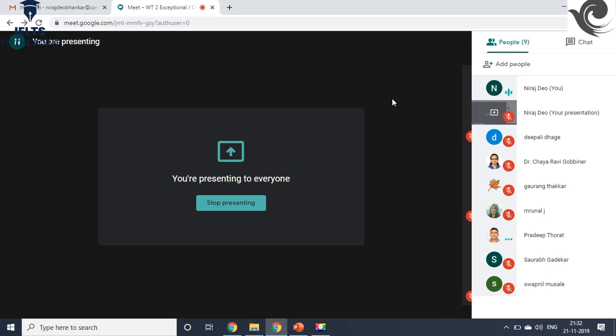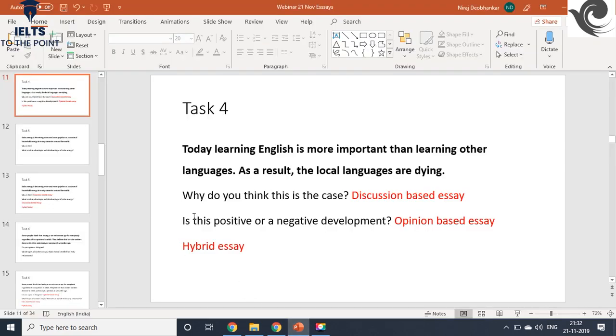But nonetheless, even if it comes, you can still follow the same logic. Even if it is two opinion based essays, you will always realize that there are two boundaries from this part of the instruction, and there would be one boundary from the discussion based essay. So there would again be 3 boundaries in total.